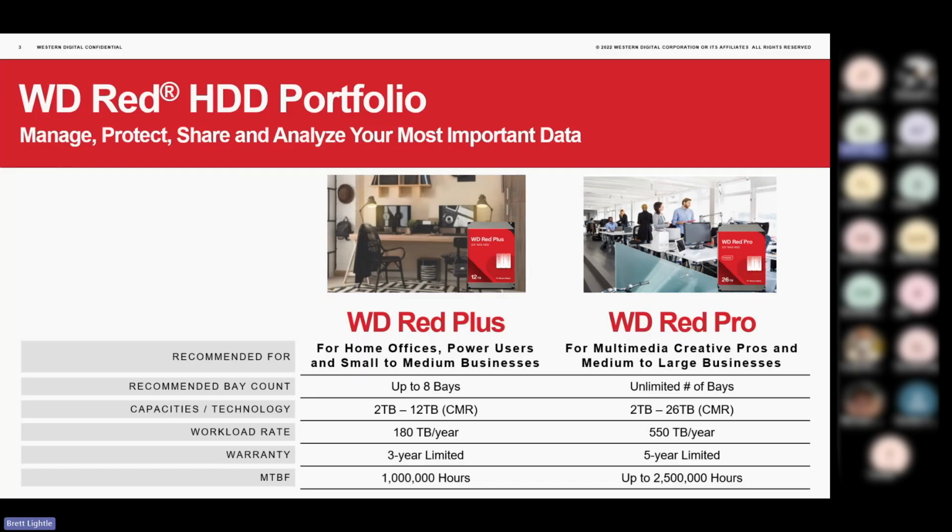You can have an unlimited number of bays, and we have capacities going from 2 to 26 terabyte. And then all of the Red family drives have different features like elevated workloads, MTBF ratings, and warranties to help suit each of your needs.